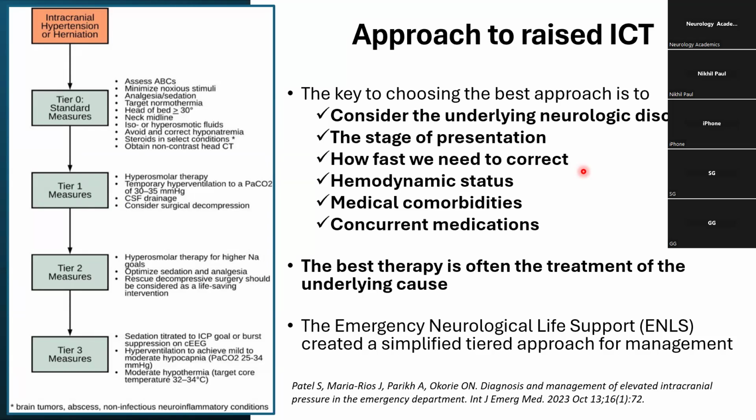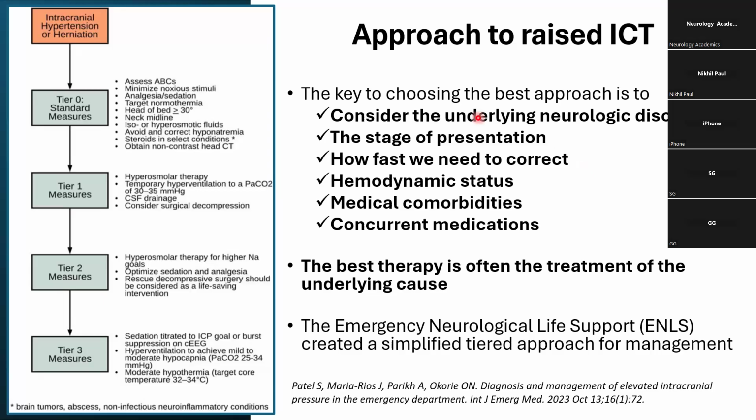Suppose we are giving hypertonic saline as well as mannitol together. Mannitol can also result in urinary loss of sodium, so our correction may not always be adequate. And there are many drugs that can cause SIADH also. So in such situations, we always have to see holistically and address the multiple factors before choosing the correct therapy.